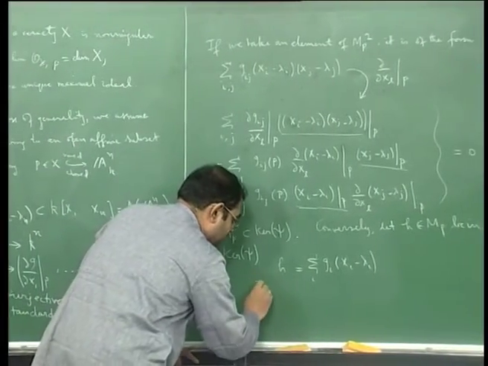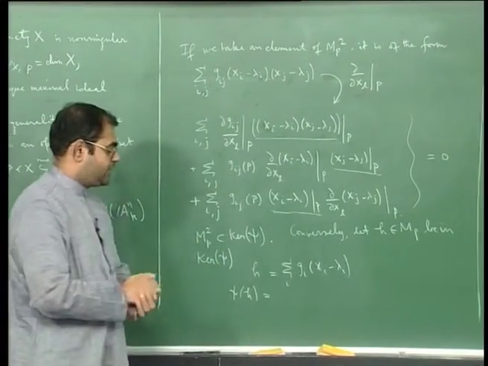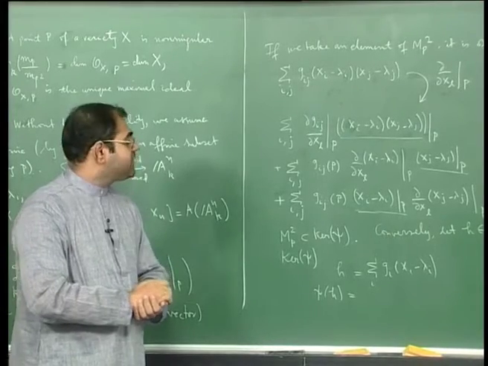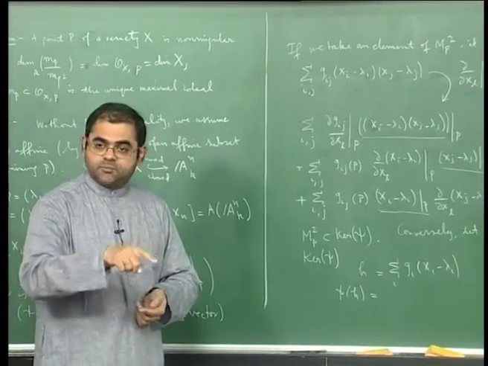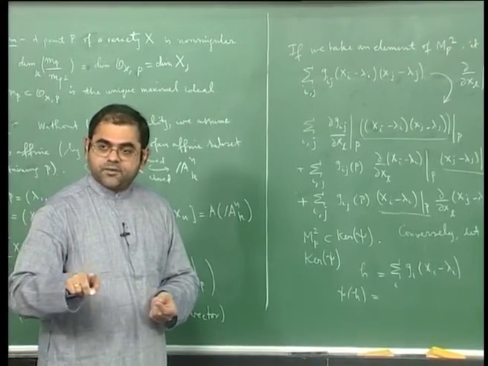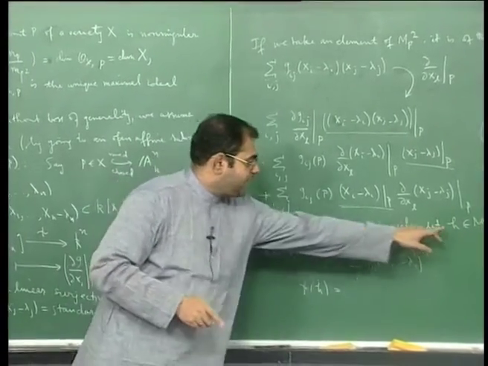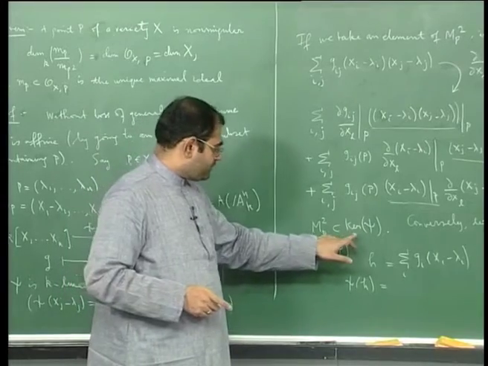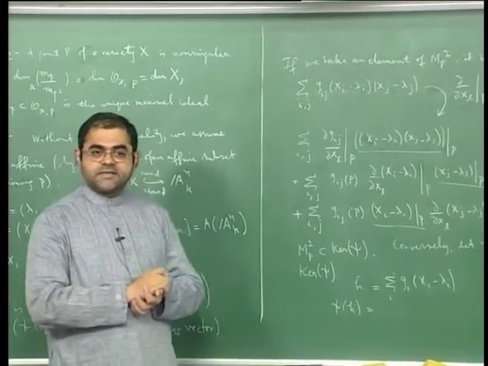But what is psi of H? I have to partially differentiate this with respect to each variable and then substitute the point P, and I should get 0. That is what it means to say that H is in the kernel of psi. I am trying to show that the kernel of psi is also contained in MP squared, so that kernel psi is equal to MP squared.